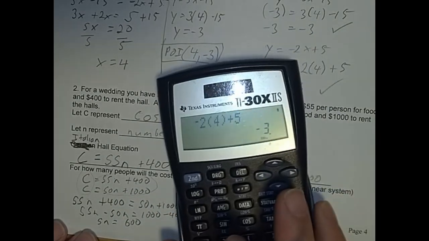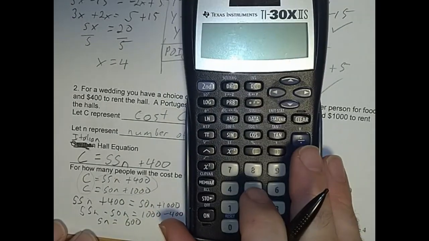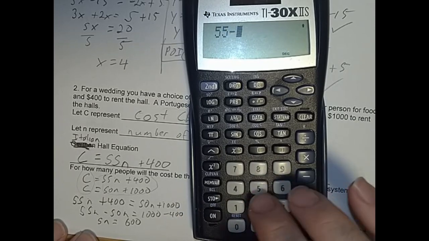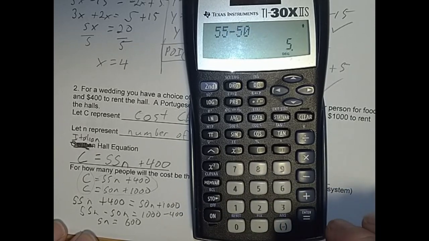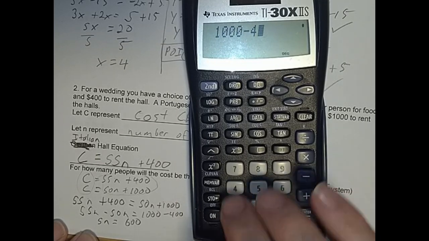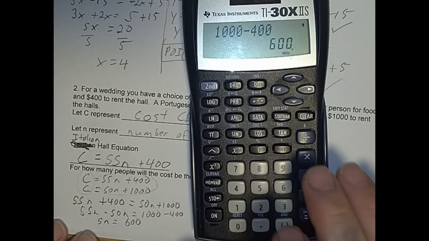How do I know? Well, I can go to my calculator. 55 minus 50 is 5. 1,000 minus 400 is 600.